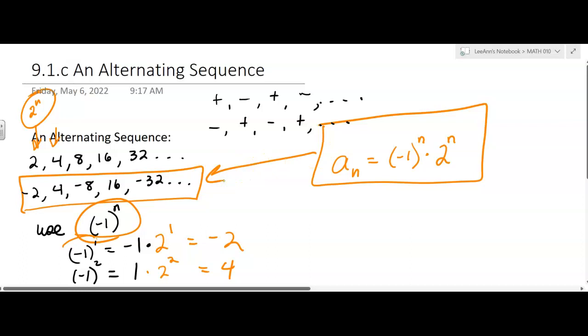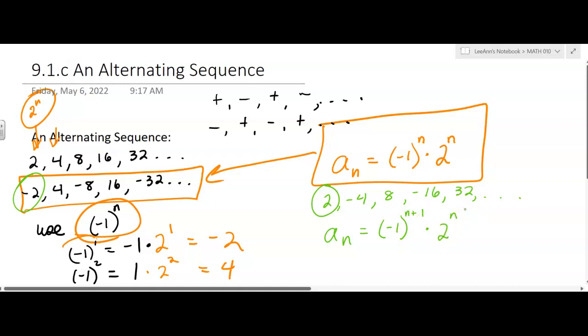Okay, so here's the tricky part though. What if we wanted it to go -4, 8, -16, 32, like that. Now what's the difference? Well, here I'm starting with a negative, and now I'm starting with a positive. So probably what I would do is write a sub n equals -1 to the n plus 1 times 2 to the nth.